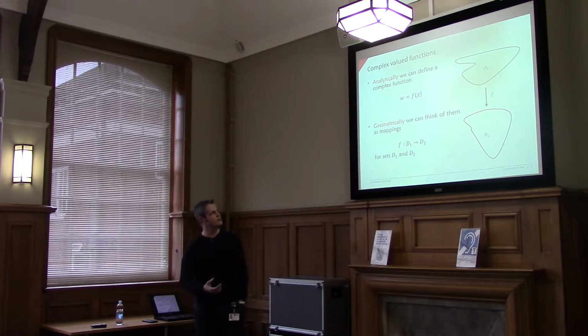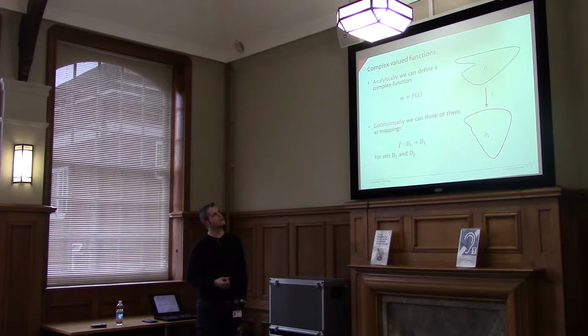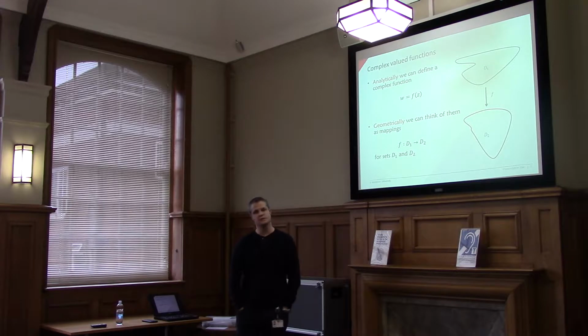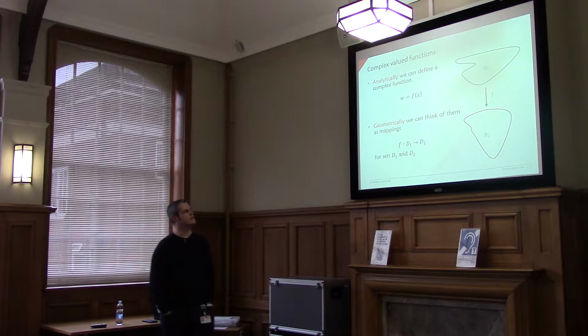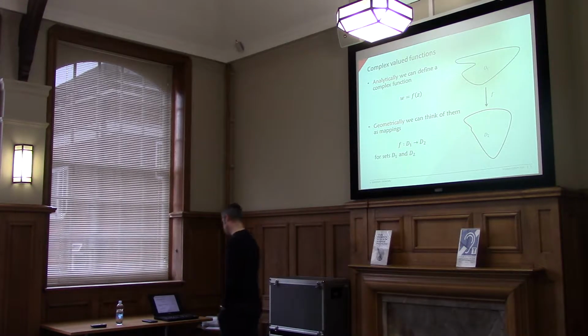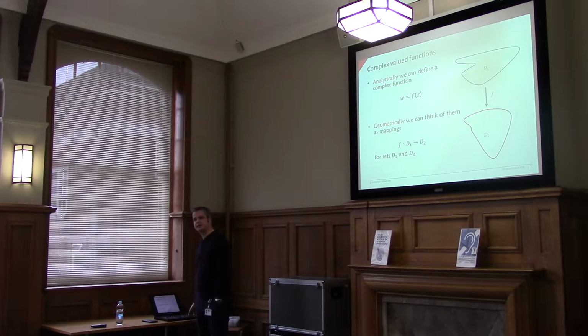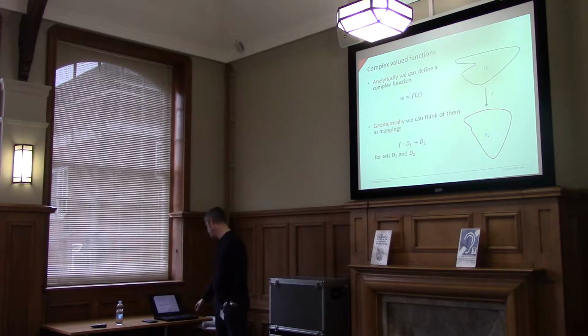And we usually call these the z plane and the w plane. So here we've got w is equal to f of z, and you've got to think of that as mapping some set from one domain into another set. Here we've got D1 mapping to D2. So it's a much more geometric area, and it's very different to the real numbers.